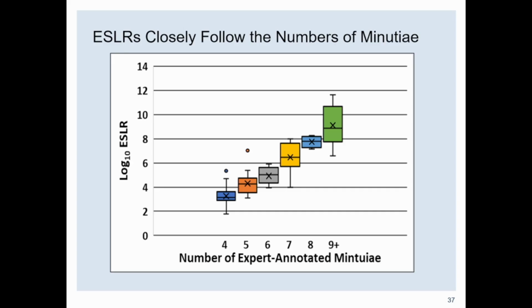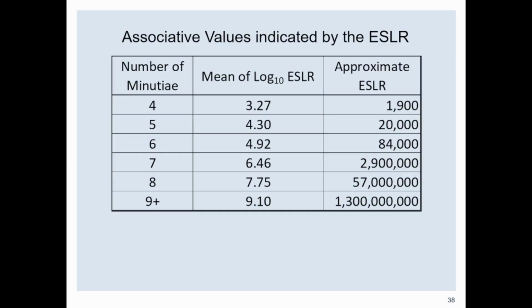That's, again, the ratio of probabilities of these scores, and the number of minutiae along the bottom. What does that translate to? These are associative values that would be indicated by a given likelihood ratio. So 4 minutiae, approximate ESLR, and approximate associative value, 1900.